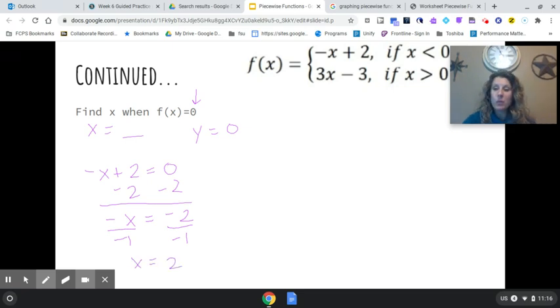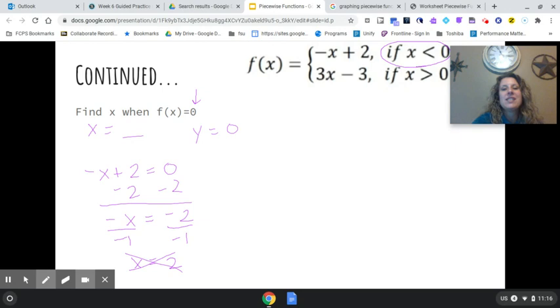Now, before we just accept this as the solution, I need to look at my domain for that top function. It says that that's true for when x is less than 0. So my solution, x equals 2, is that less than 0? No, it is not. So that is not my solution. That's called an extraneous solution. It's not part of the domain that we wanted.